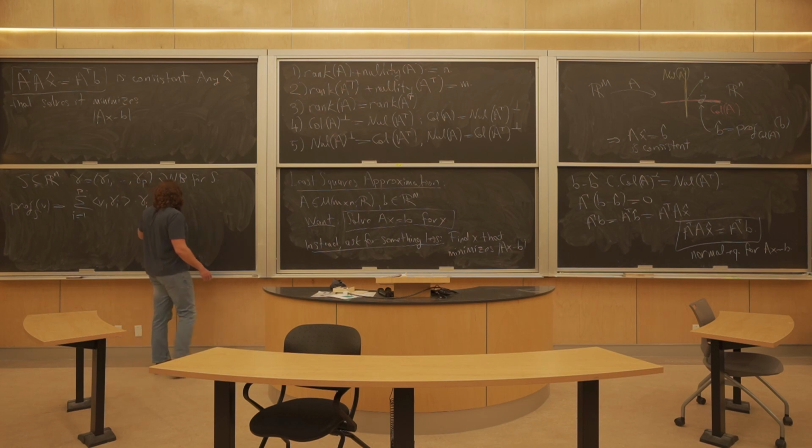Now I can write this like this. I take all these vectors and consider them to be the columns of a certain matrix. Okay? That's an m by p matrix. And now this would be the same thing as this.